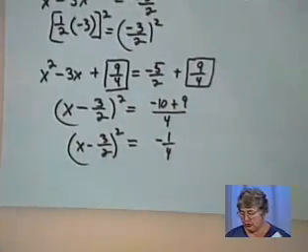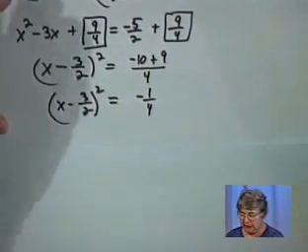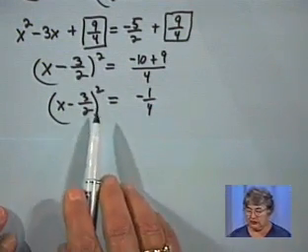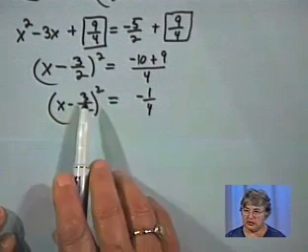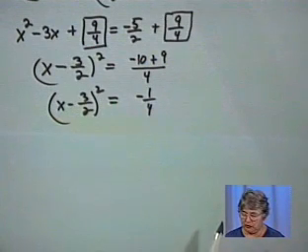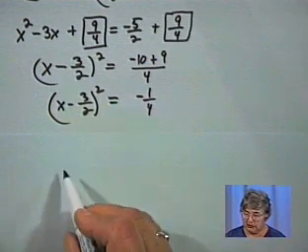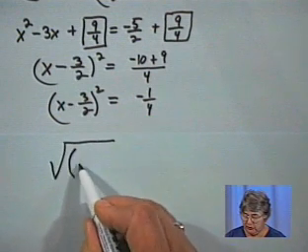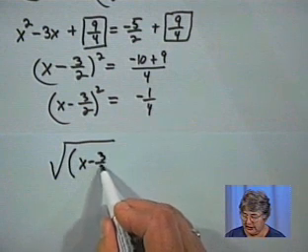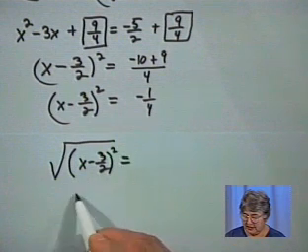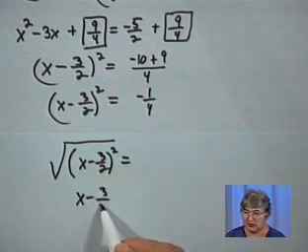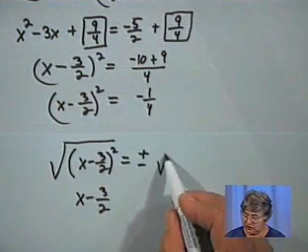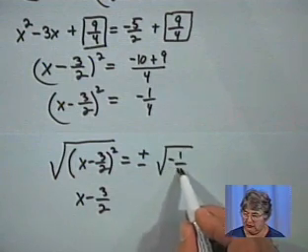So we'll take the square root of the left-hand side and of the right-hand side. Again, the goal is to have all of the variables within a perfect square so that we can use the square root property. So when I take the square root of the left-hand side, and just to remind you again, it would be the square root of a perfect square, which in this case turns out to be x minus 3/2. On the right, take plus or minus the square root of a negative 1/4.